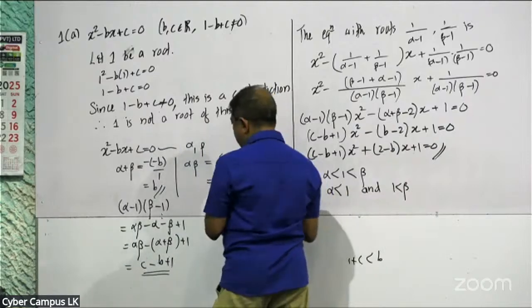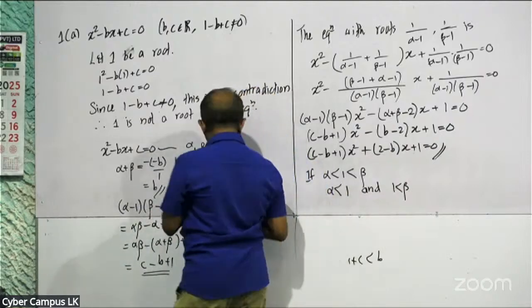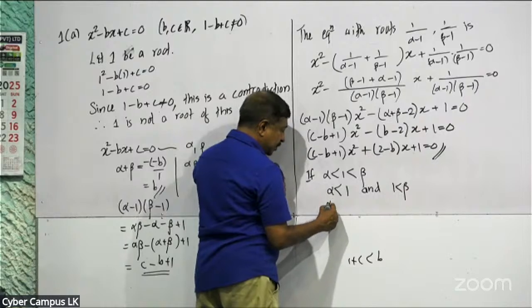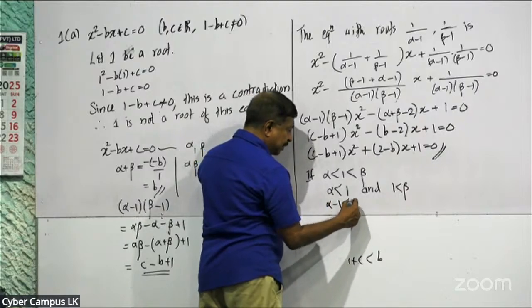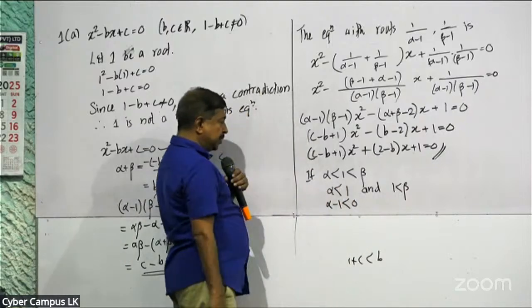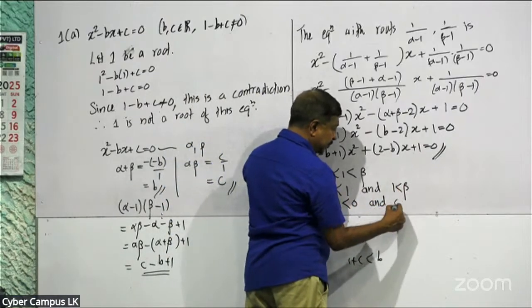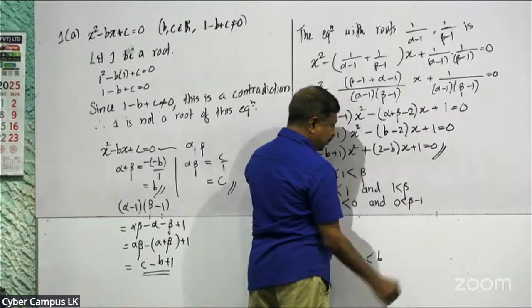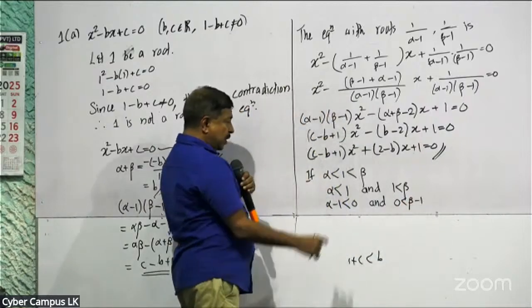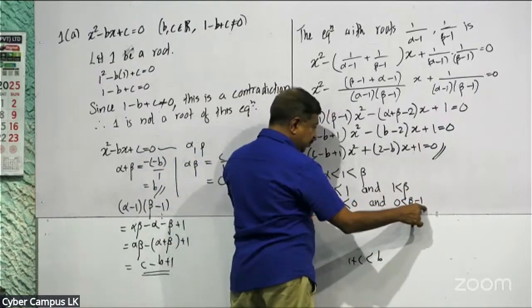Now, since we have a formula for alpha minus 1, you come up with an inequality for alpha minus 1. You bring this 1 to the left-hand side, and in the same fashion, you take this 1 to the other side. So you have this. Now, one is negative and the other is positive.